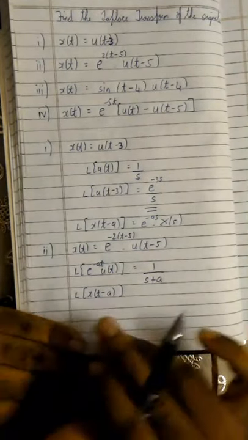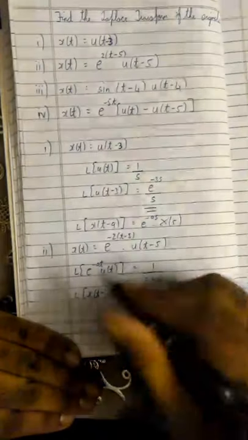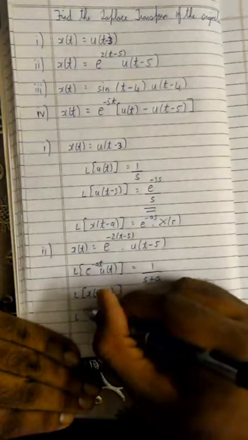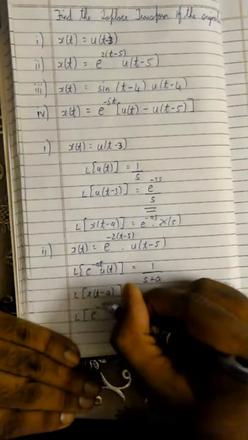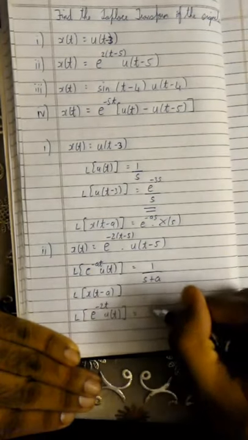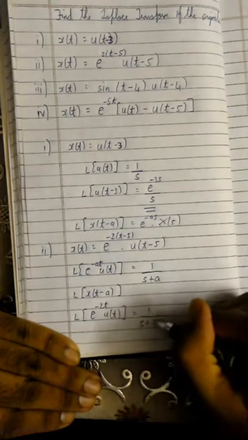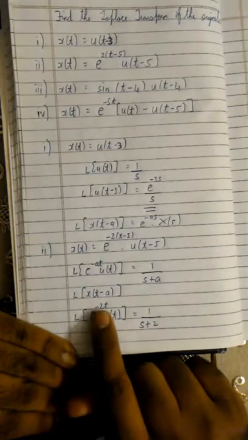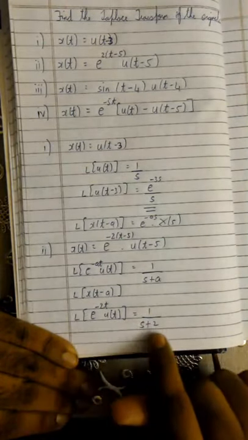So in the given question, the Laplace transform of e raised to minus 2t u of t is equal to 1 by s plus 2, right? We all know this equation: e raised to minus 2t u of t, the Laplace of this is 1 by s plus 2.